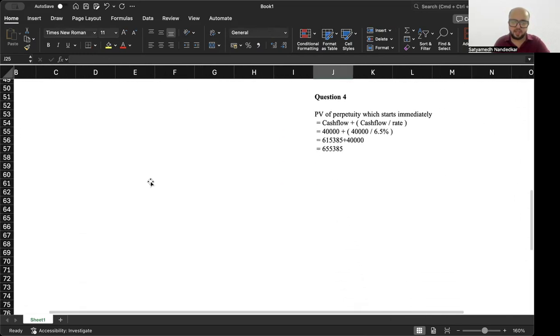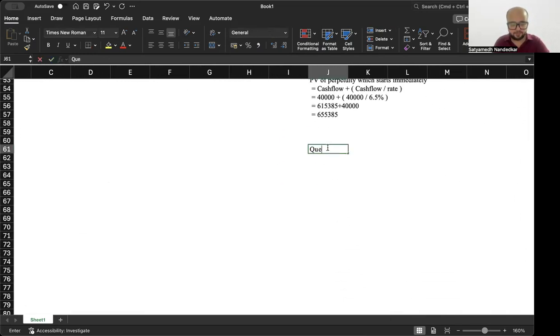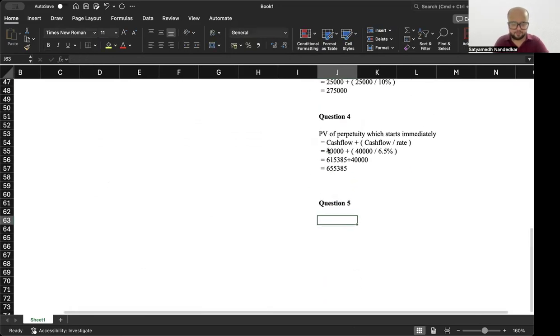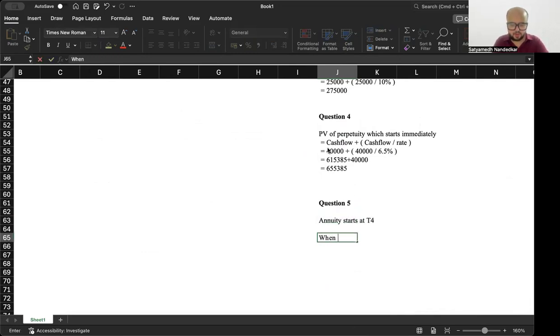Okay, cool. Let's look at the next one, which is a 10-year annuity of 700 starting at T4. Interest rate is 9%. This is a delayed annuity. Question 5. Annuity starts at T4. When I multiply the annuity by annuity factor, I will get value at T3. Okay.